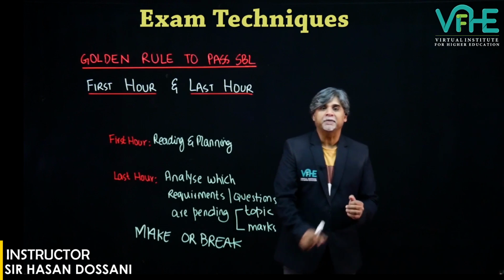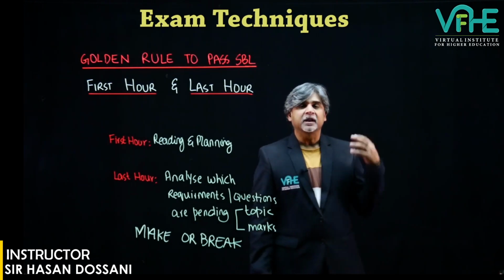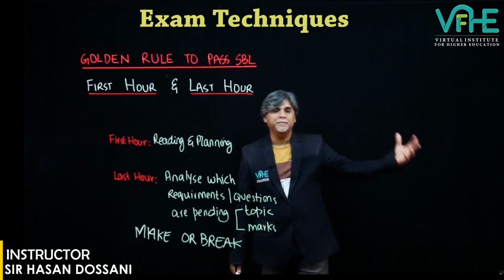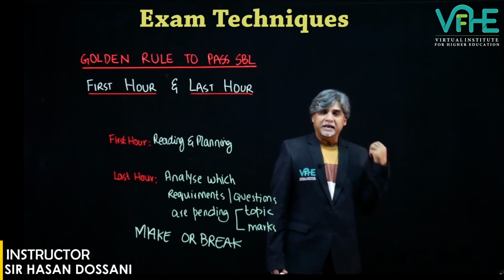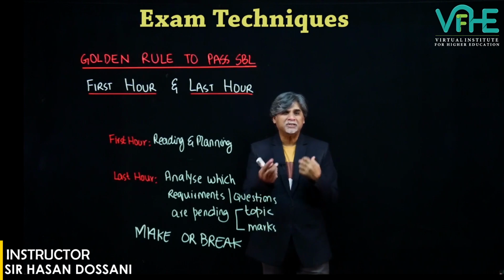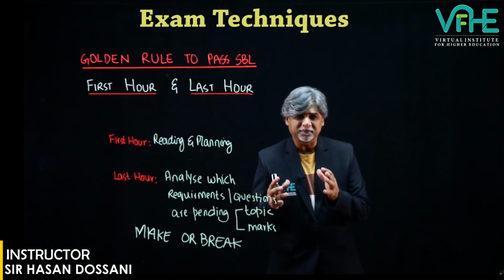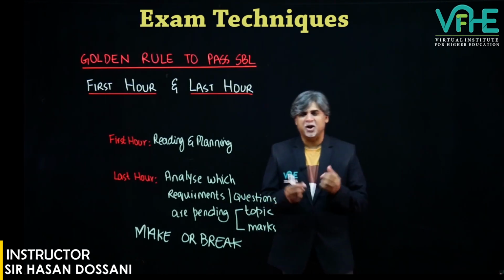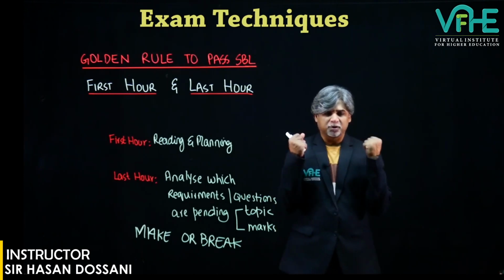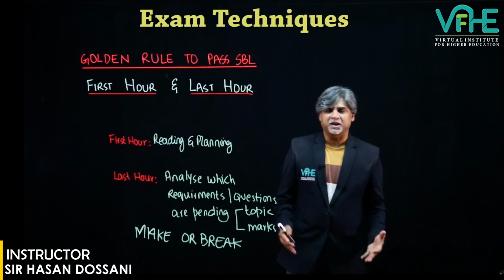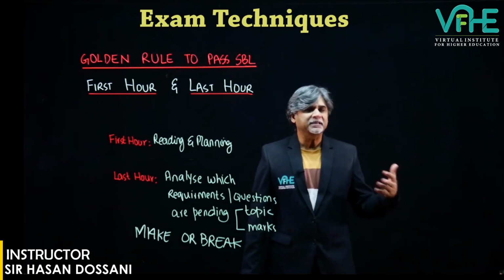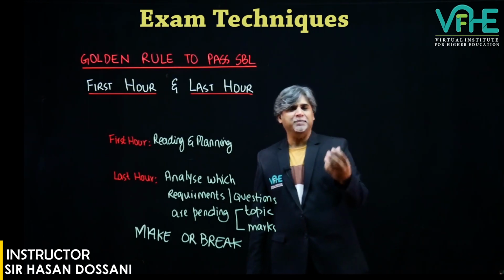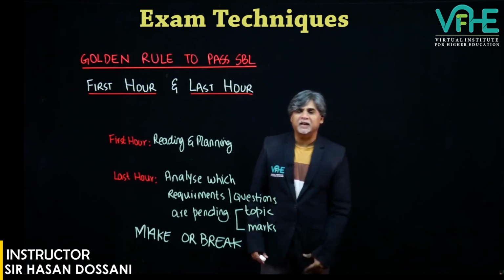In the specimen papers and in the past papers, the last requirement, 3B, 4B, whatever it is, is generally easier, because the examiner knows that by the time you reach that requirement, you will be drained, frustrated, tired, and short of time. So you will just miss out the last part. So they keep the easiest part towards the last.